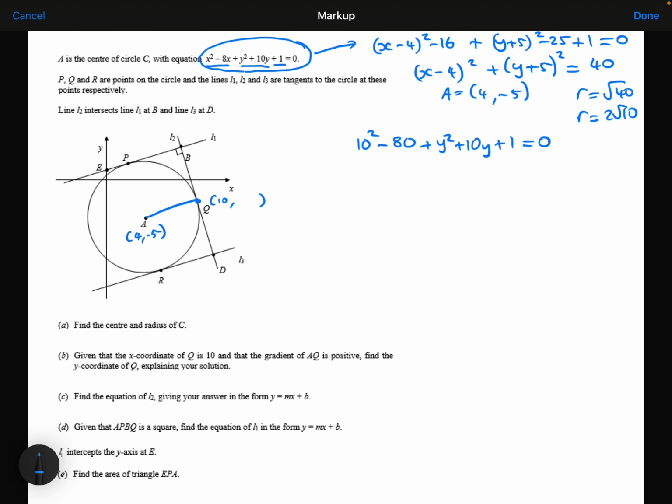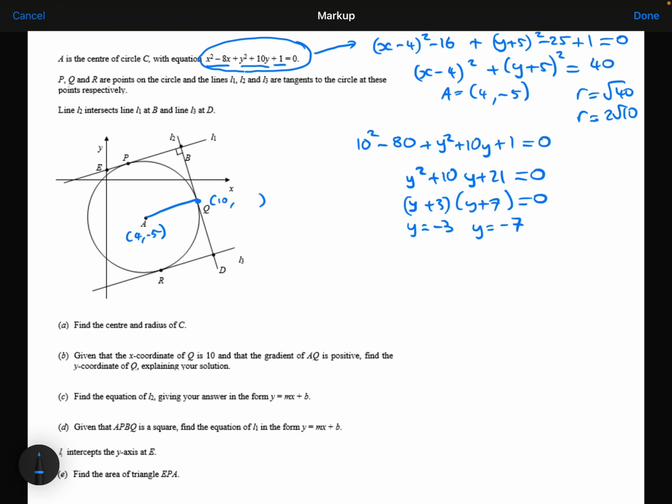So that's going to give me the equation y squared plus 10y plus 21. Factorising, so (y plus 3)(y plus 7). So either the y-coordinate is minus 3 or the y-coordinate is minus 7.